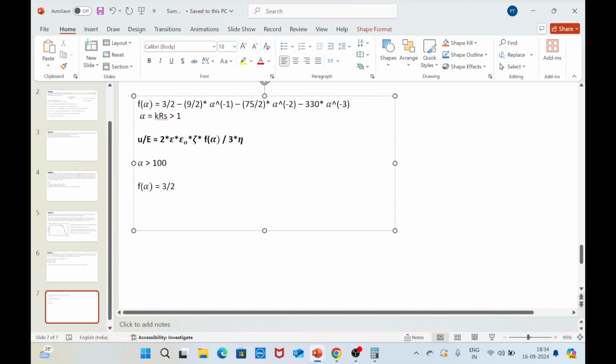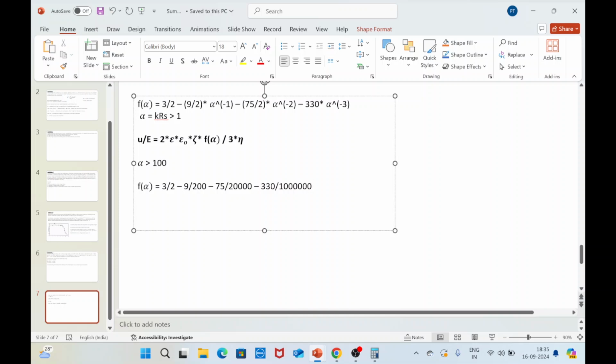So I hope you are able to understand why other terms are neglected, because if you substitute 9 by 2 times 1 by 100, or 100 to the whole power minus 1, that will be 9 by 200. So let me write that. It will be 9 by 200 minus 75 by 20,000, and the other one will be minus 330 by 10 power 6.